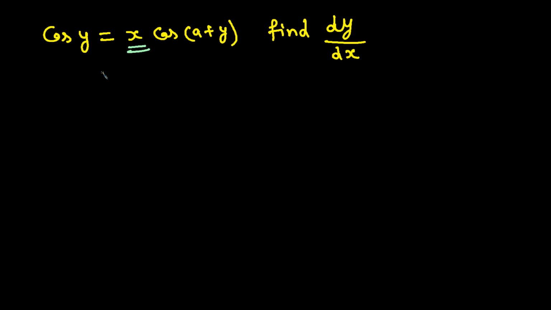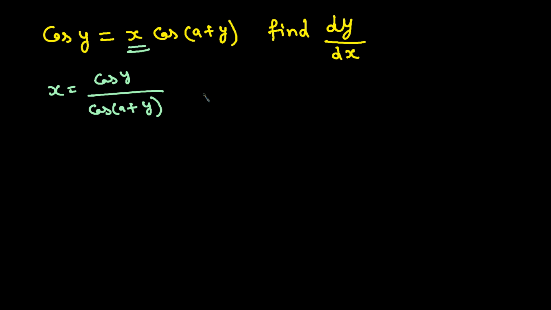Okay, so if we divide both sides by cosine of a plus y, that'll give me x is equal to cosine of y over cosine of a plus y.